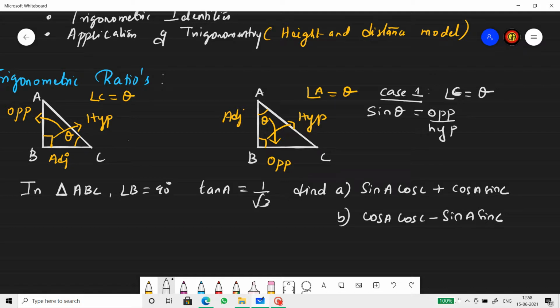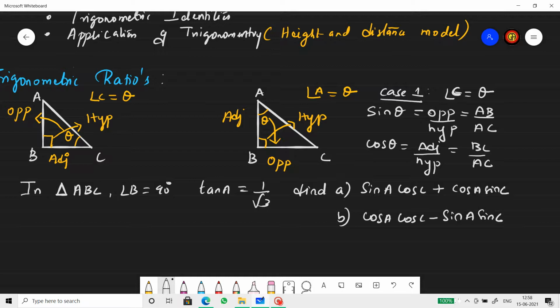Sin is the ratio between the length of two sides. Which two sides? Opposite side by hypotenuse side. That is AB by AC. Cos theta is a ratio between the adjacent side by the hypotenuse side, which is BC by AC.